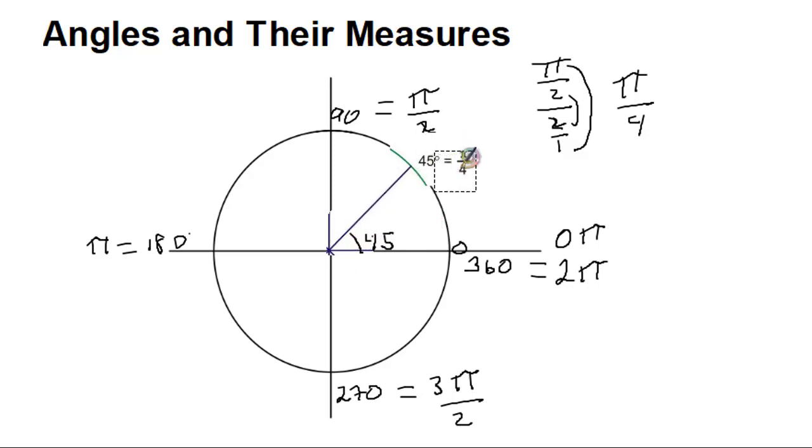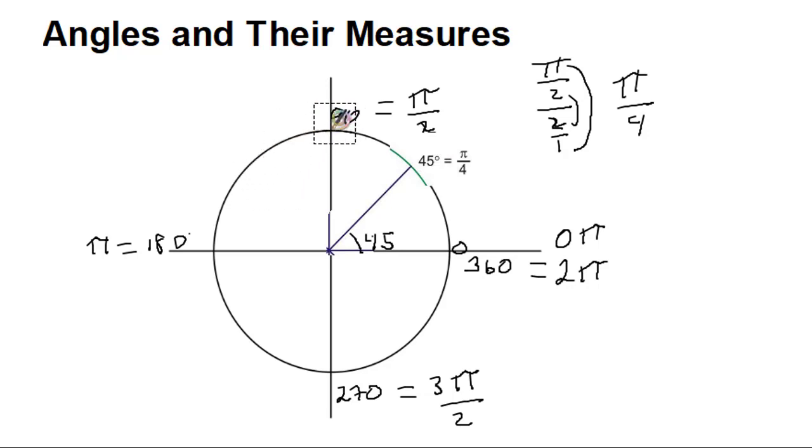Now I started with pi divided by 4. 45 degrees plus 45 degrees is 90. And then pi divided by 4 plus pi divided by 4 is pi divided by 2. If I add pi divided by 4 here, look how many pi divided by 4 I have: 1 pi divided by 4, 2 pi divided by 4.